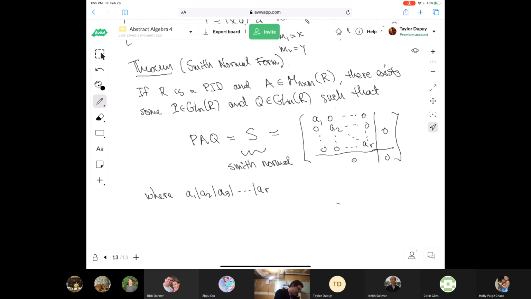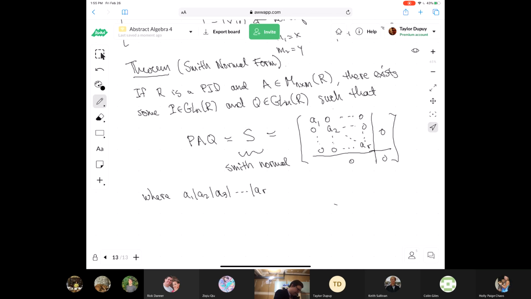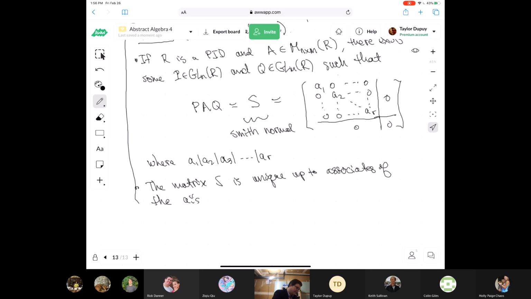So the matrix S is unique, up to associates of the AIs. We also call the AIs the invariant factors.